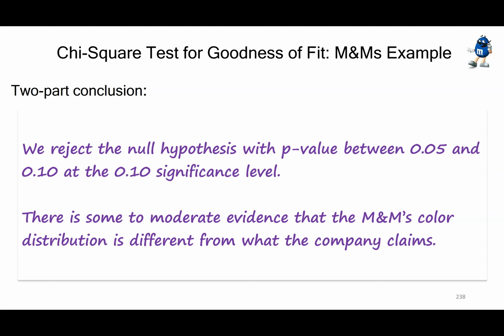So it tells the reader why we rejected it. And then there is some to moderate evidence, using that spectrum we had, that the M&M's color distribution is different than what the company claims. So we have some evidence that at least one of the colors is distributed differently than what's claimed.